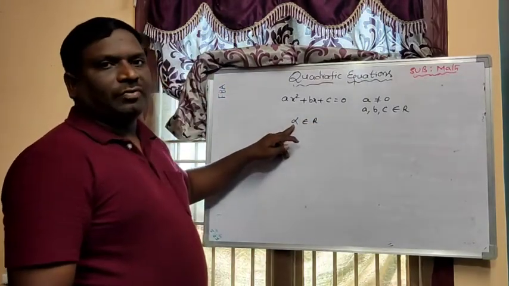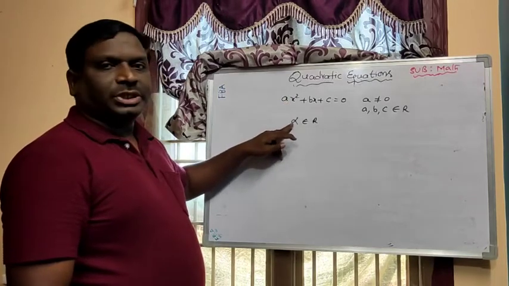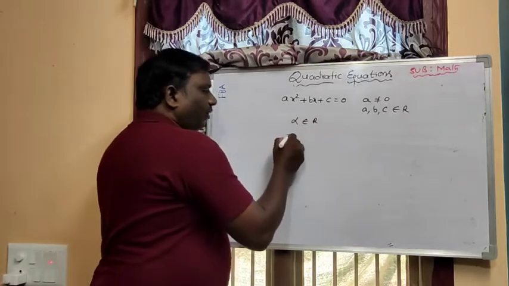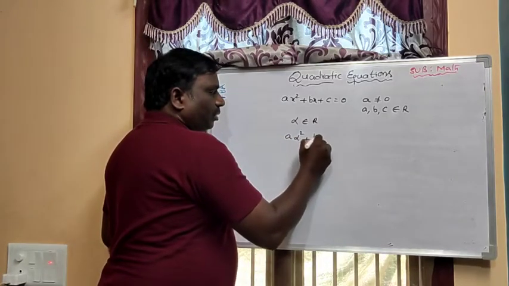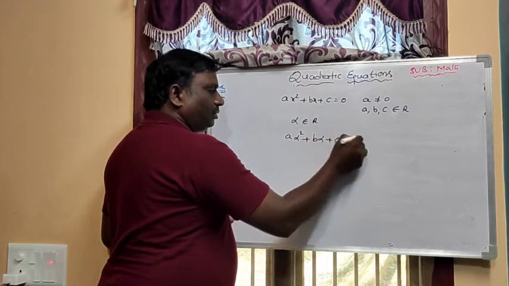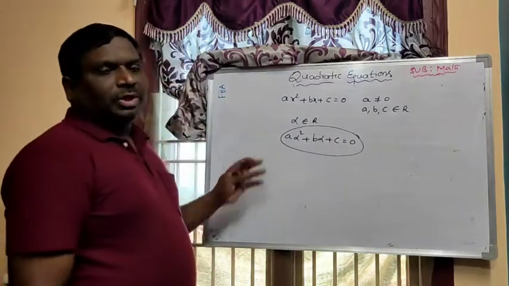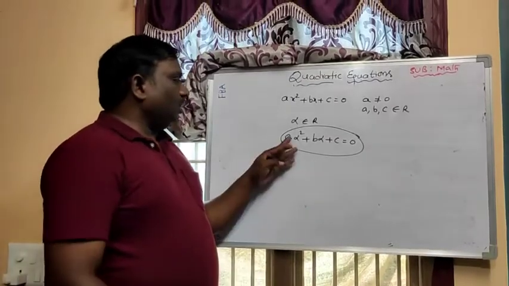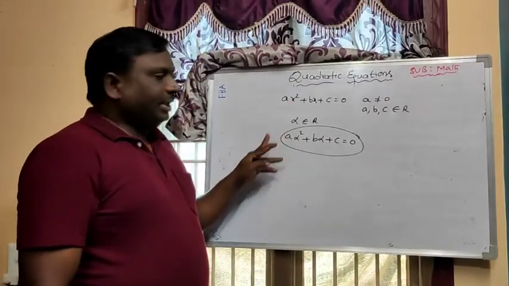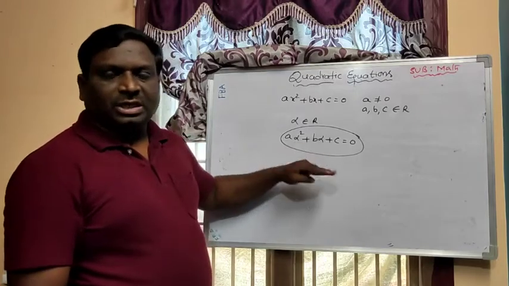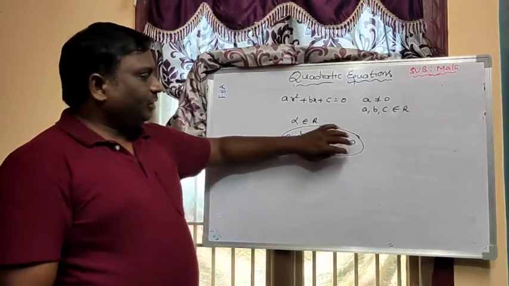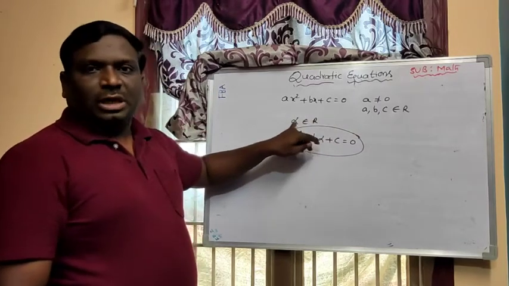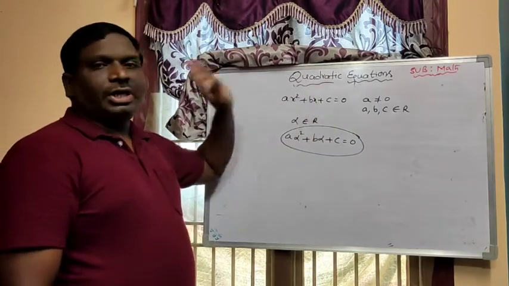If alpha is a solution of the quadratic equation, then we can substitute: alpha satisfies the equation, a alpha square plus b alpha plus c equal to 0. When you substitute alpha in place of x, it satisfies the equation. Satisfies means the LHS value equals the RHS value. If this total expression becomes 0, then alpha is a solution of the given quadratic equation.